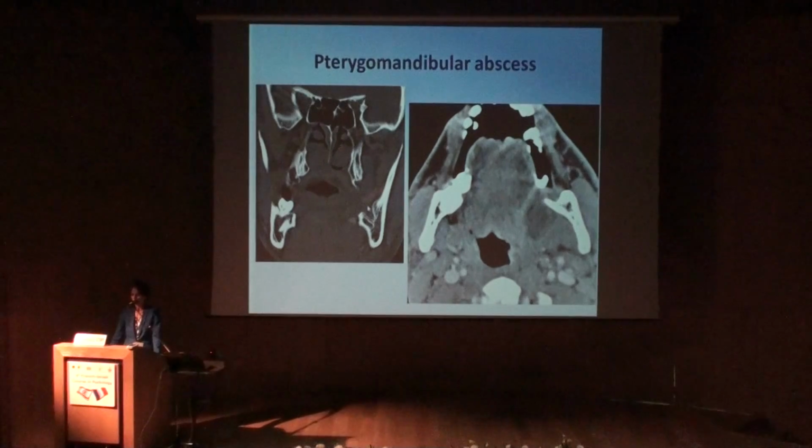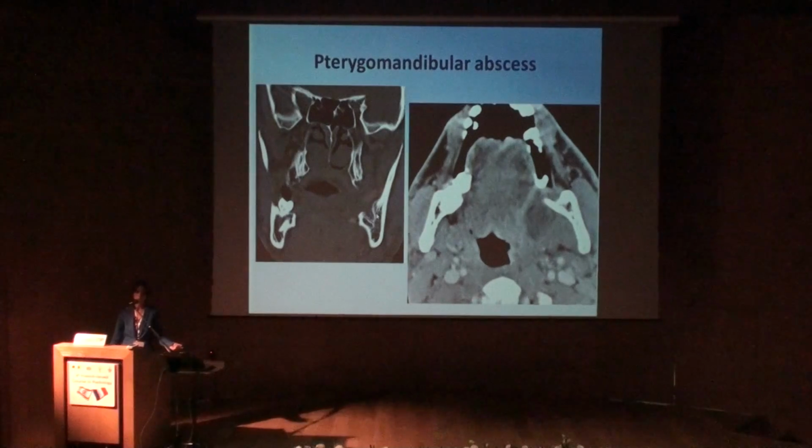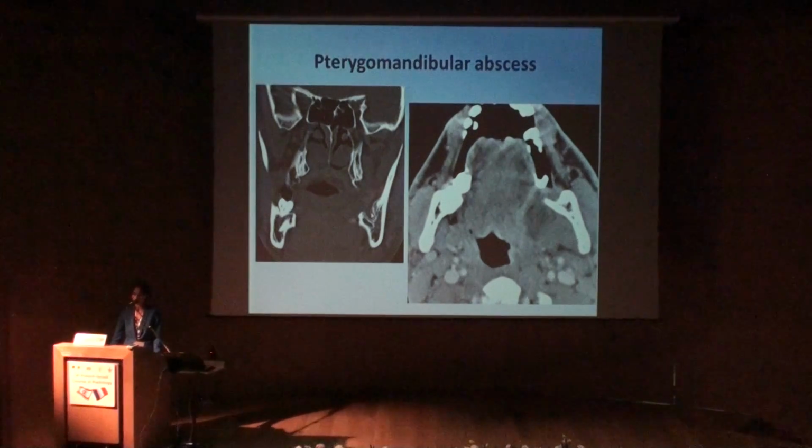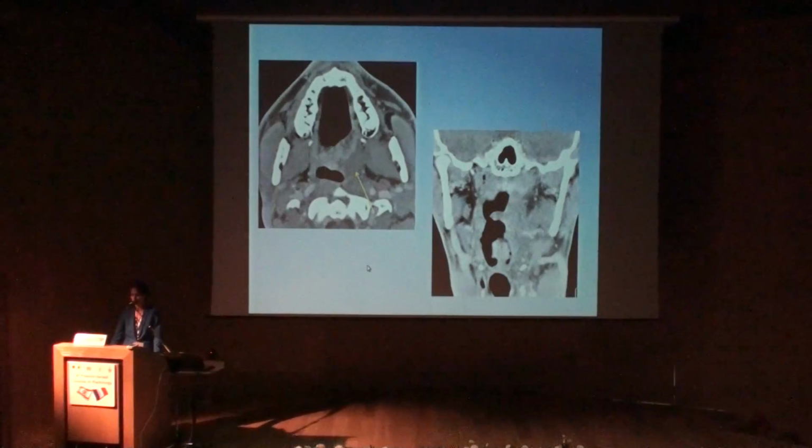It developed 4 days after extraction of the wisdom tooth, and you can see the empty socket here. So not always will you see the tooth inside. Sometimes you will just see the empty socket from tooth extraction.